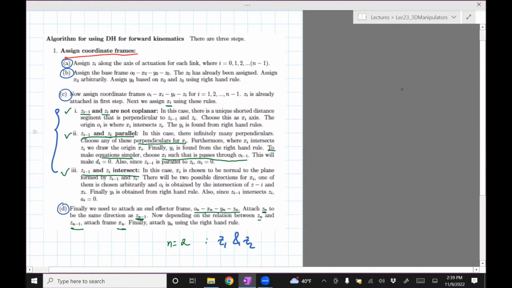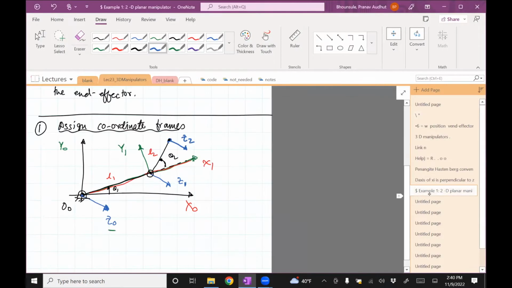So here it falls under number 2, case 2: zi minus 1 and zi are parallel, or z1 and z2 are parallel, in which case there are infinitely many perpendiculars, and you choose the one which passes through oi minus 1 or o1. So go back here.